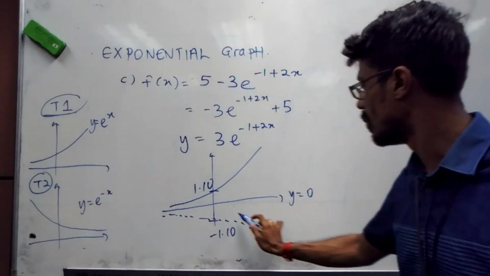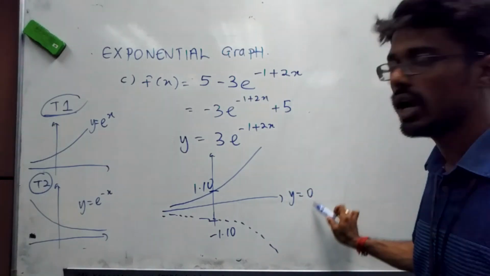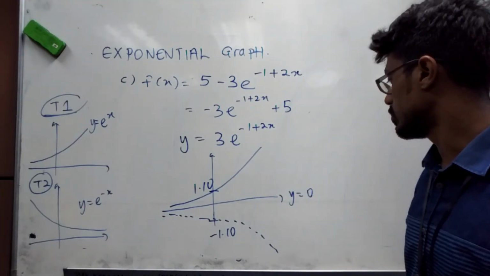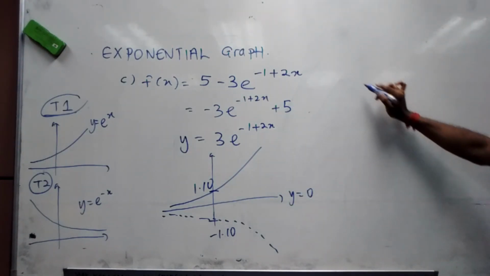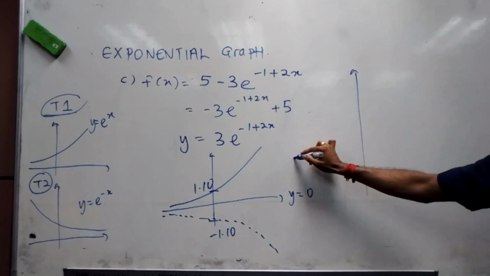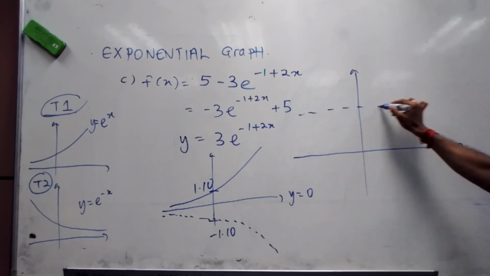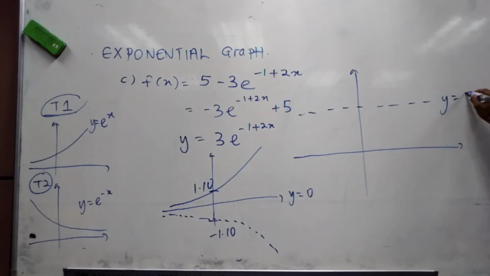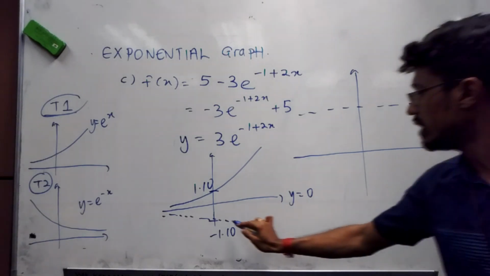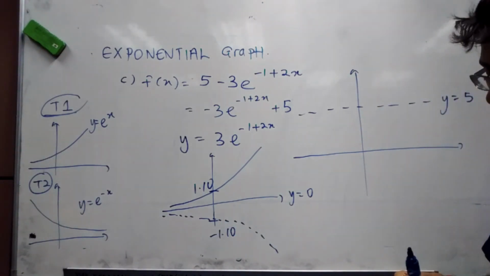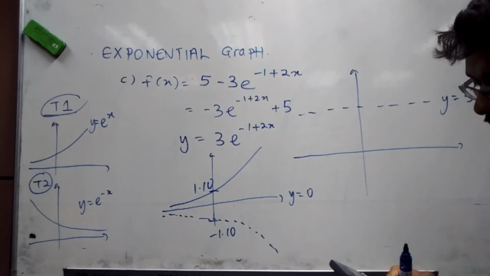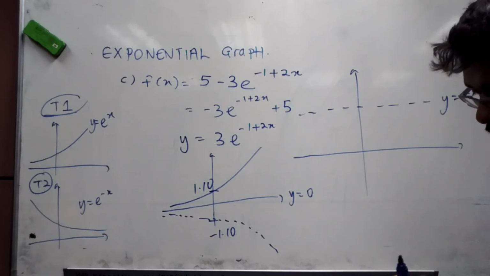We just need to consider what is happening to the y-intercept and what is happening to the asymptote. If we draw our final graph here, y equals 0 will become y equals 5. Then for the y-intercept, I'm just going to add 5 to that.